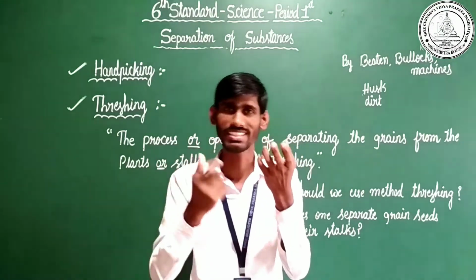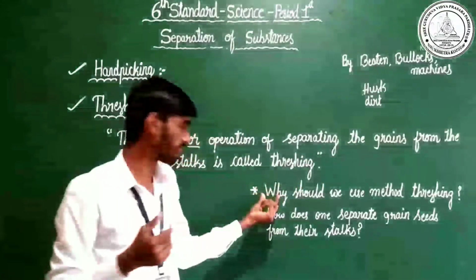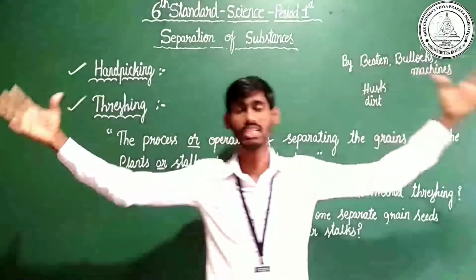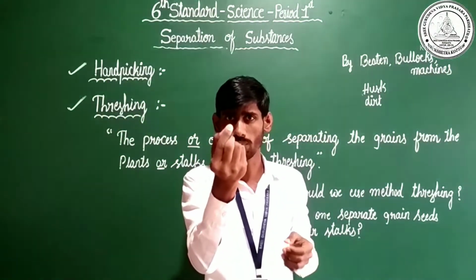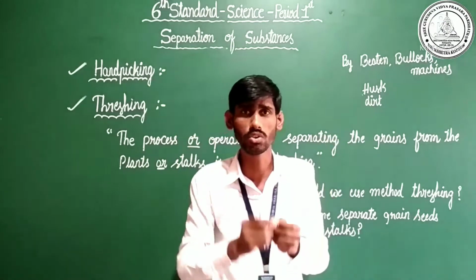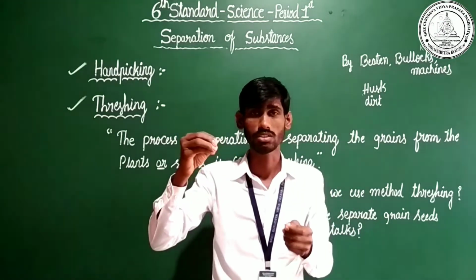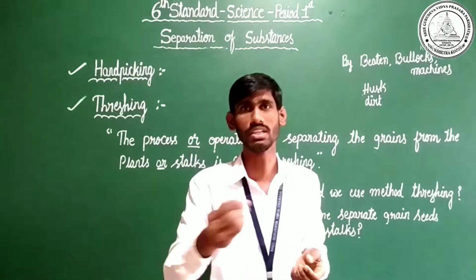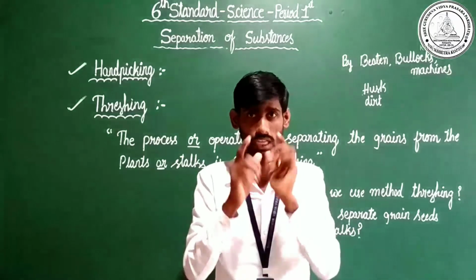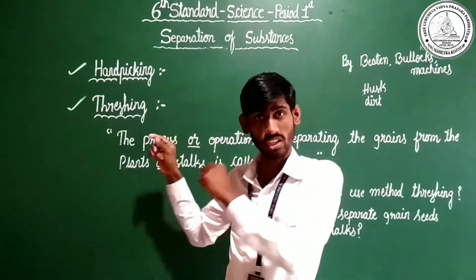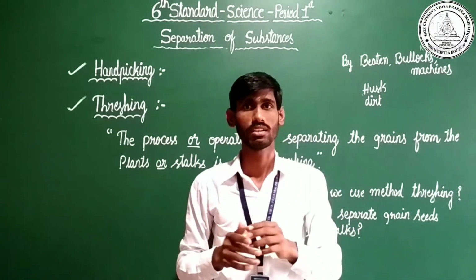But in threshing, a bundle of paddy or wheat has very small particles, maybe a thousand million seeds. Is it possible to hand pick? It is highly impossible. That's why threshing is very convenient.